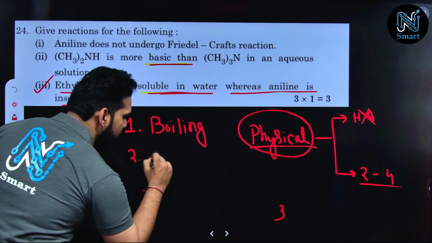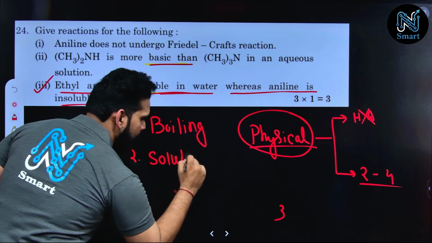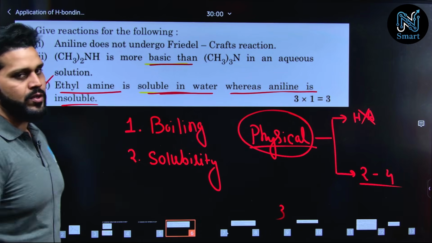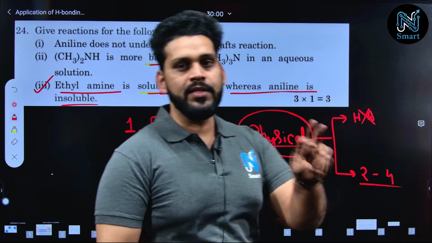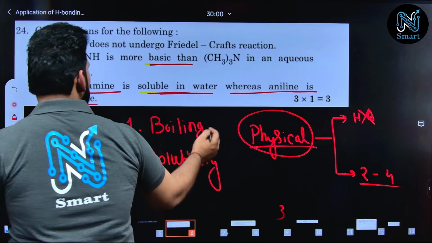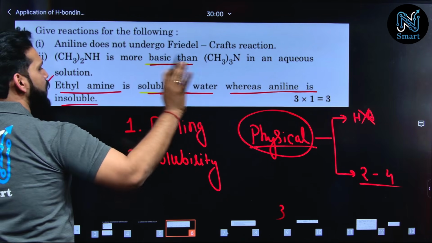Whenever they talk about solubility, that is also a physical property question. So boiling point, melting point, solubility: these are the three types of questions that come under physical property, correct? So whenever you see these kinds of questions, it will be hydrogen bonding.